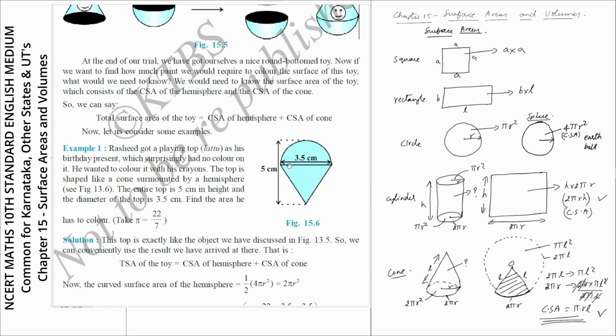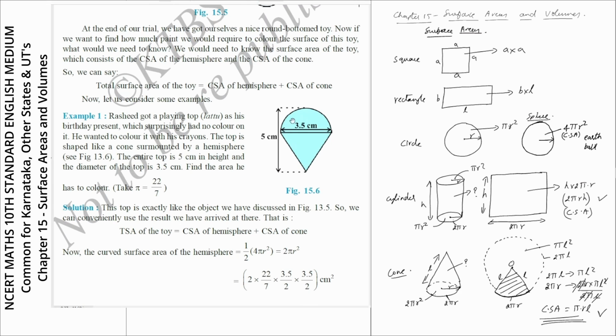Now here you can see there's a playing top, which is called lattu or buguri. What is the total surface area of this playing top? It will be the sum of the curved surface area of this cone and the area of this hemisphere.